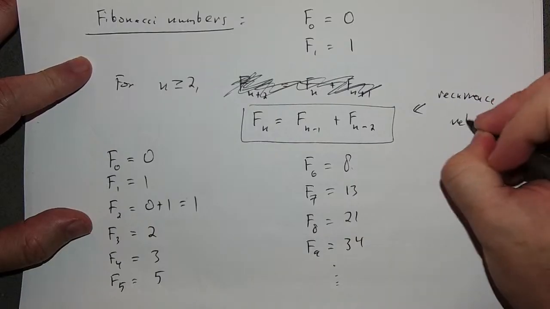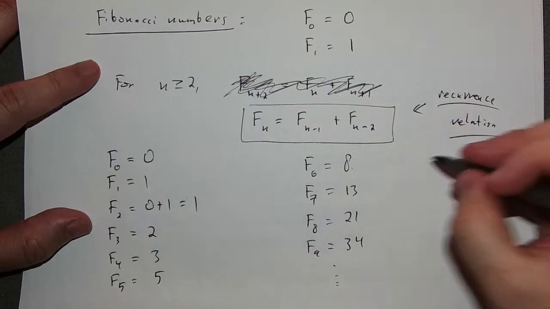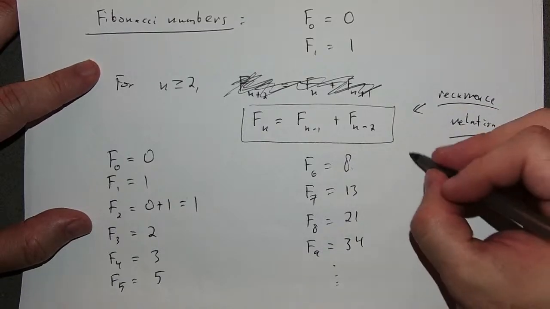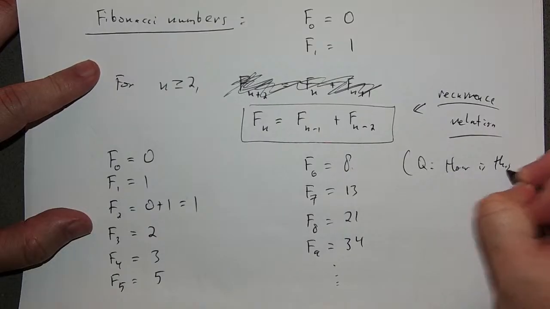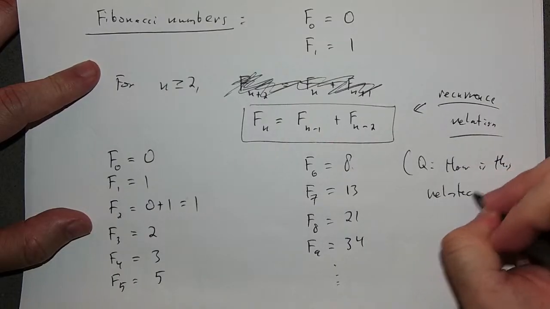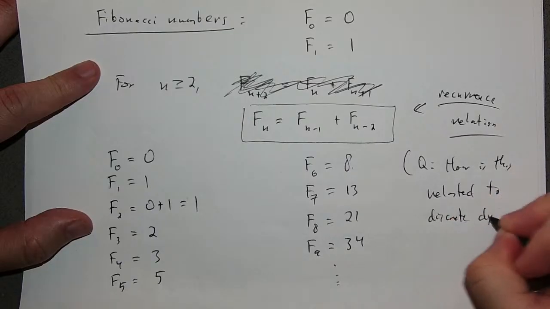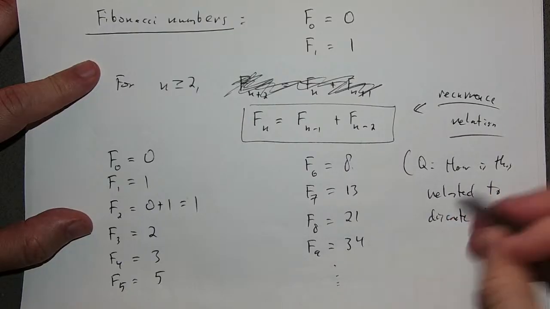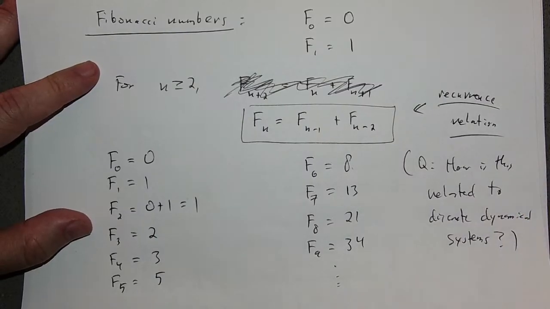It might not be immediately apparent, but these things are related to discrete dynamical systems, and we'll see how. So the question is, how is this related to discrete dynamical systems? Well, we'll see.